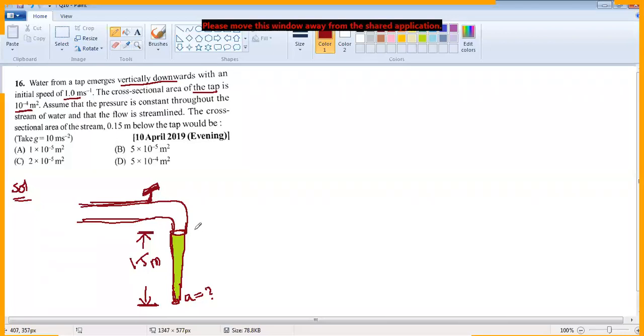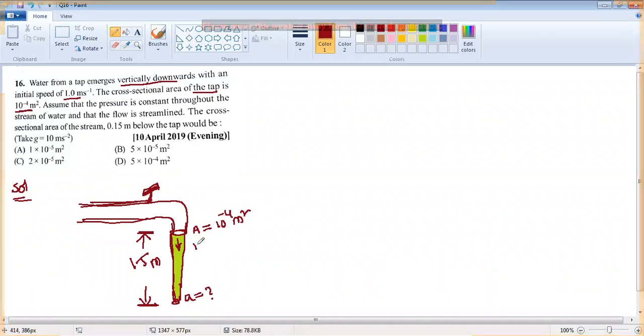The area at the tap is 10 power minus 4 meters square, as he gave. This is the speed. With what speed is it coming here? 1.0 meters per second. That is 1 meter per second.